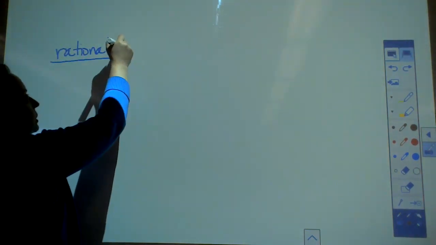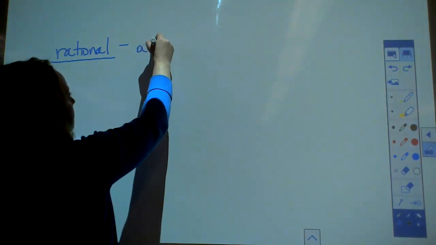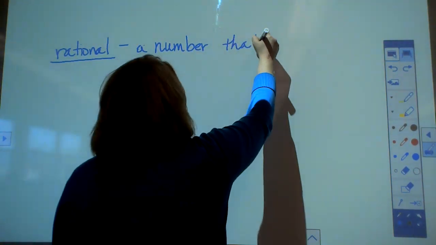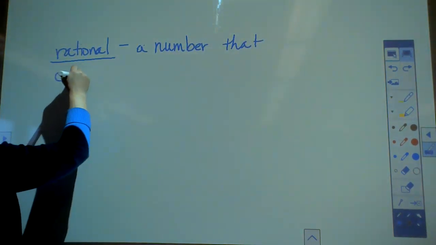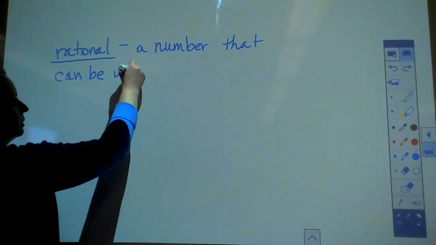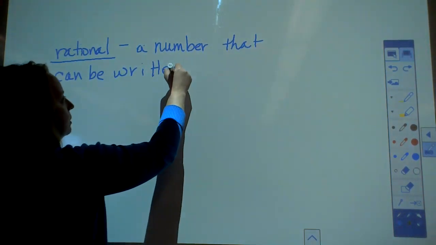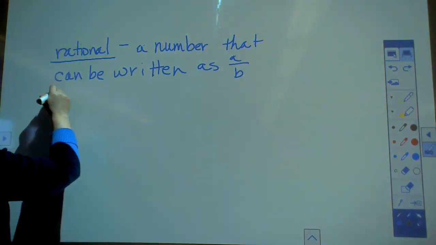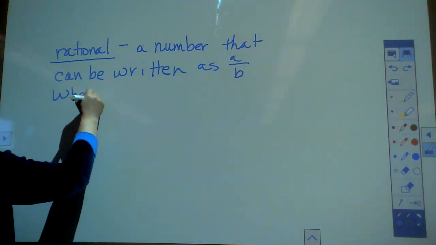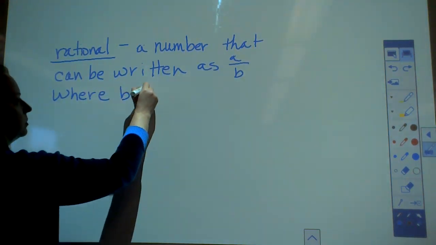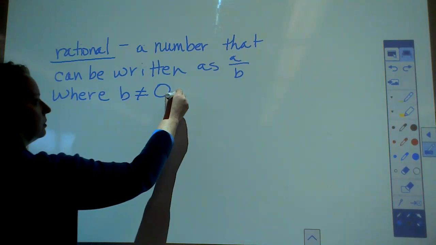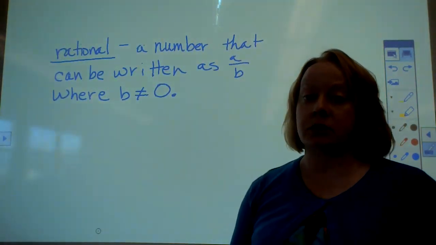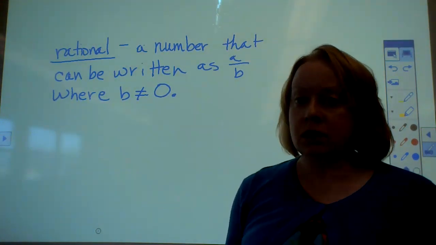It's a number that can be written as a over b, where b cannot equal 0. And so basically, a rational number is a number that you can write as a ratio.